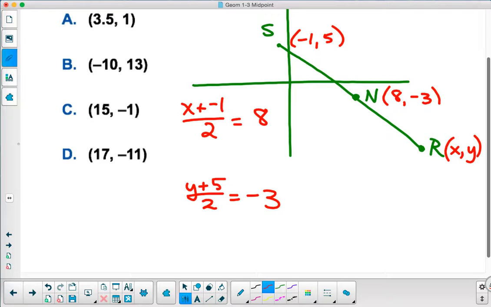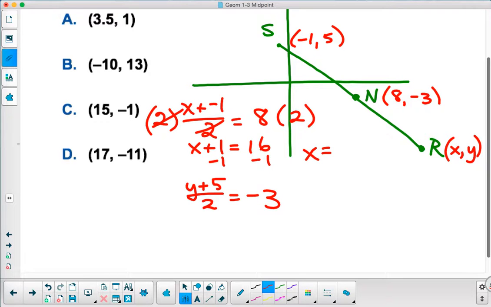To solve it, multiply by 2 on each side. That gets rid of that fraction. And then subtract -1. So I'm getting X to be 17. Excuse me, what did I do? Oh, I forgot my negative. 17. Okay, and then for the Y part, multiply by 2 on each side.